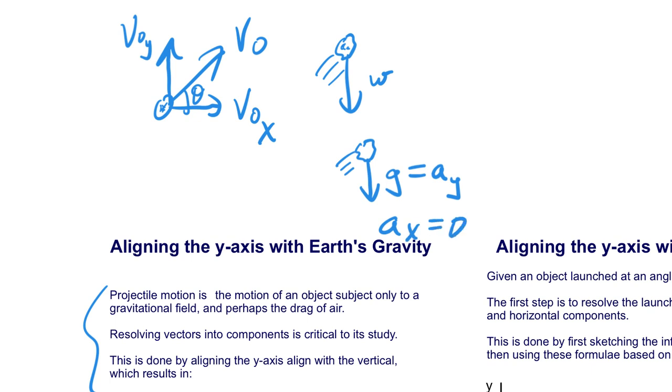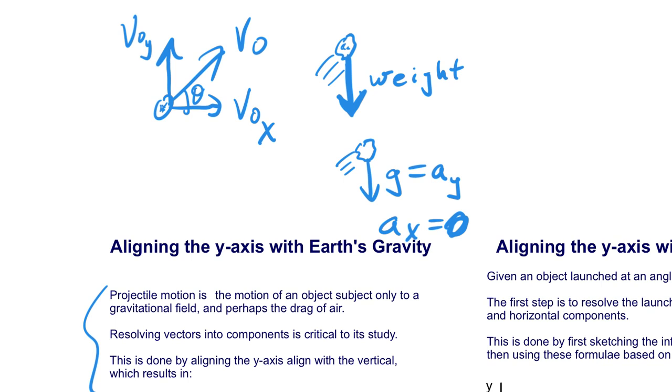Now, why is that? It takes a force to cause an acceleration. The only force acting on the object is its weight. So once it leaves your hand or your foot or the baseball bat or the lacrosse racket, whatever, the only force acting on it is the weight.